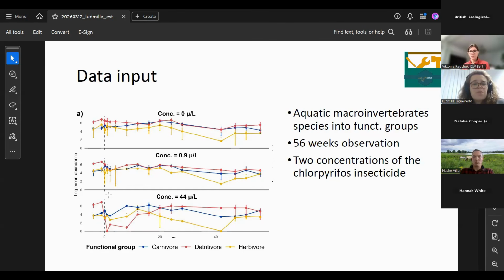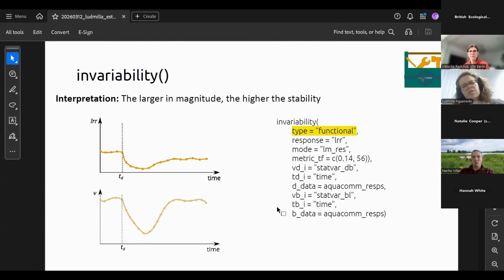And we're going to compare how they behave under the low concentration, which is 0.9 microliters per liter of water, with the 44, which is a much higher concentration, and see how we can measure stability in different ways. Here, just going through what the function looks like.